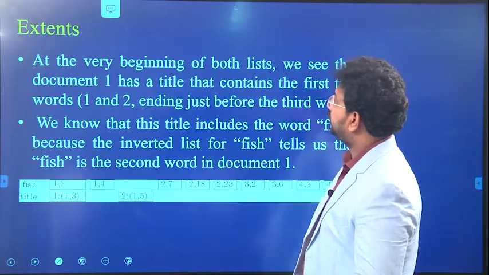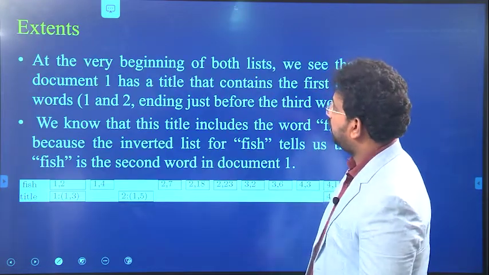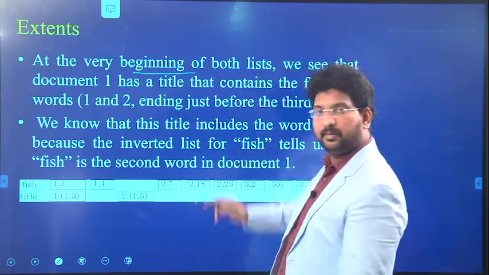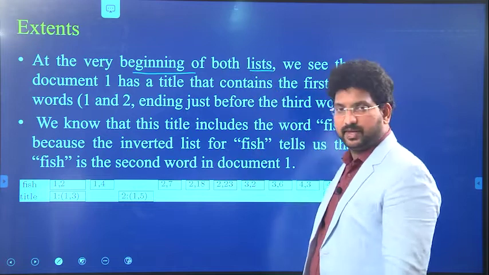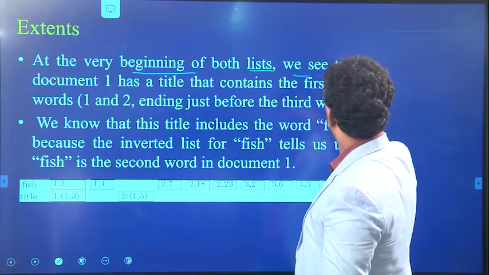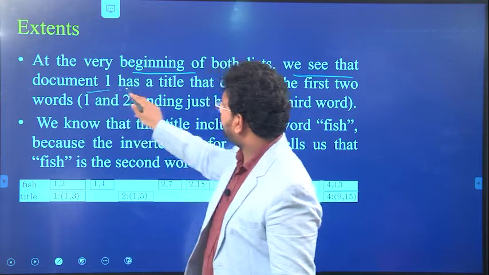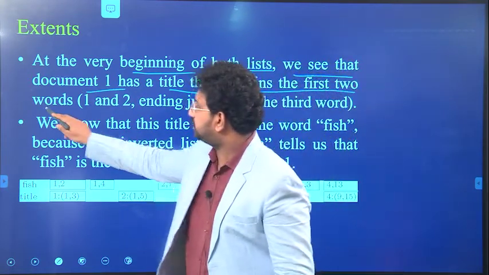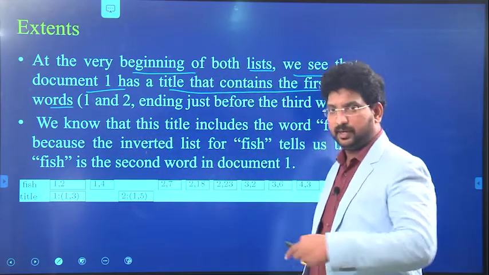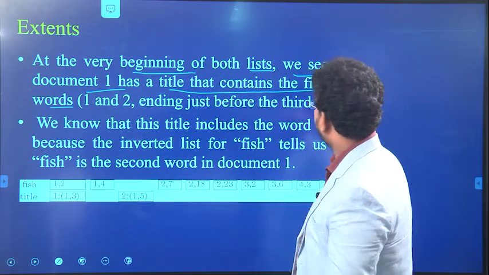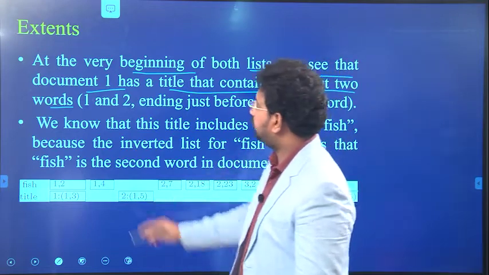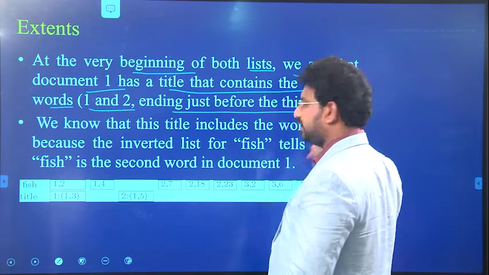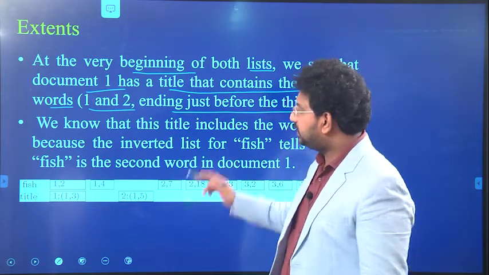In this example, at the very beginning of both lists, we see that document 1 has a title that contains the first two words, 1 and 2, ending just before the third word.